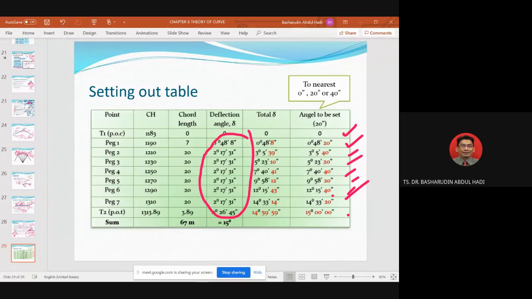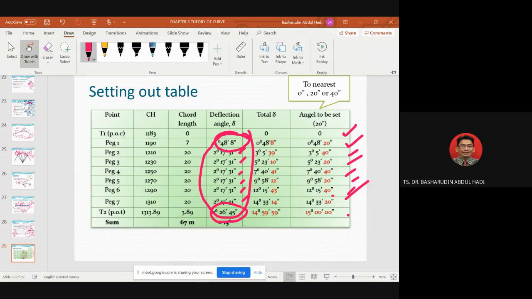And this one is the same: chord number 1, number 2, number 3, 4, 5, 6, 7, and then this one is the last one. Okay, T2, and this one T1, the first one you calculate. Alright? So how do you get the total of this one?